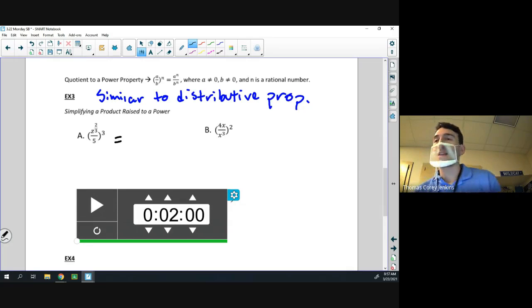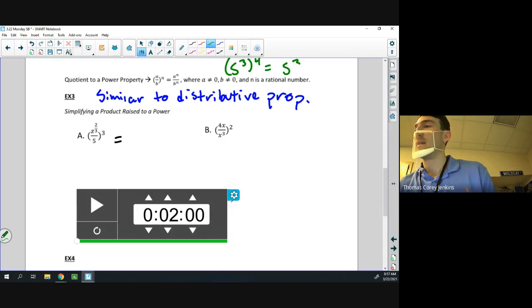If I have, like, s to the 3rd raised to the 4th power, what do I do with those exponents? This is from last lesson. Do what? I think I heard somebody say it. Yeah, multiply is correct. Very good. So that's what we do with the exponents.